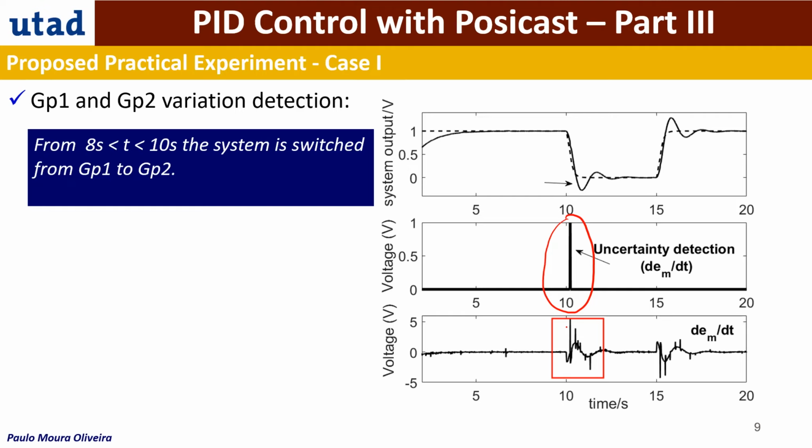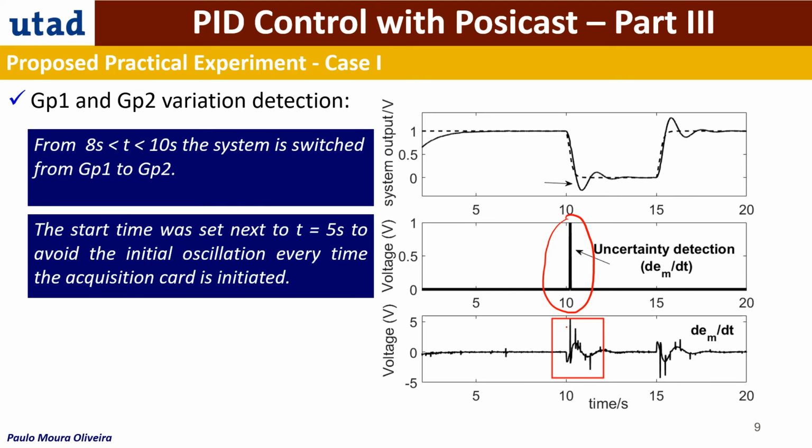In this case, the system was changed from GP1 to GP2 from 8 seconds to 10 seconds. We neglect the first part, the first 5 seconds, because of the initial oscillation. And we use a threshold of 5 volts on this derivative of the error to trigger the tuning.